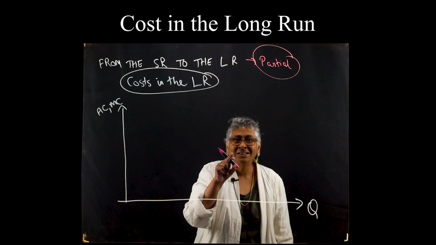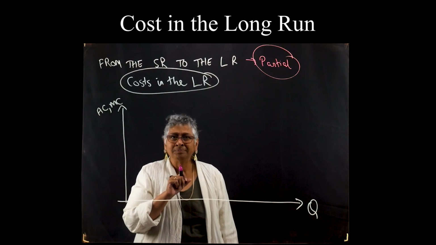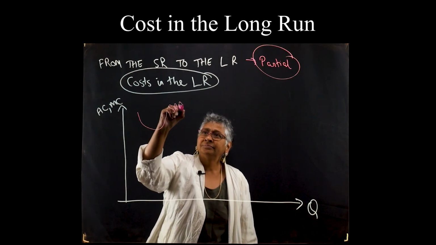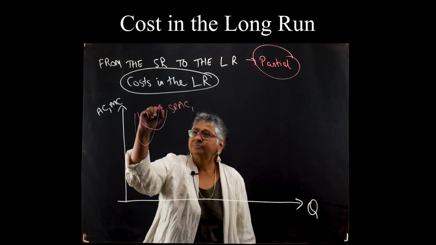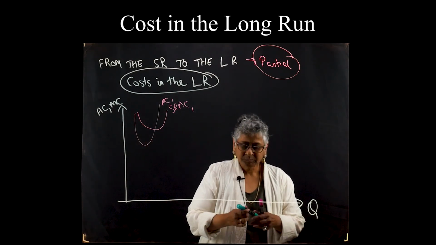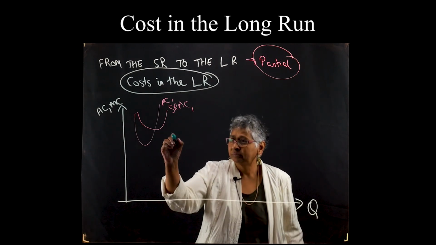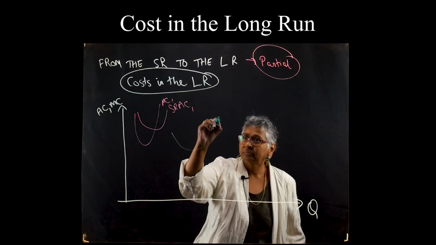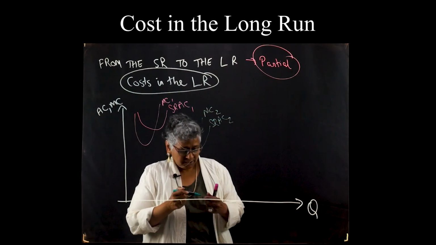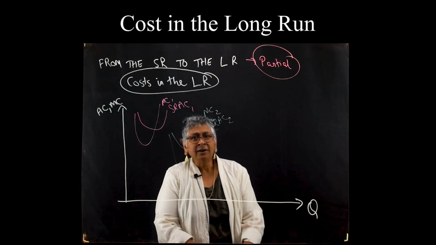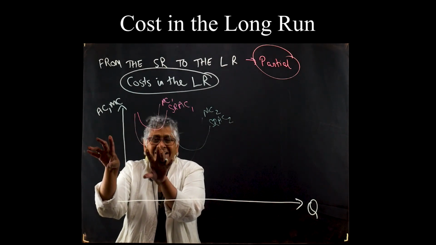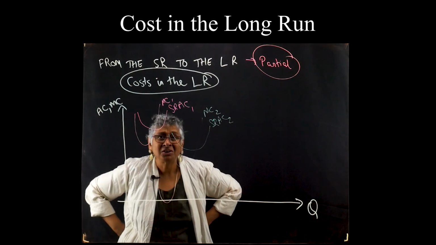That means in the long run, something very interesting is going to happen. Every time there is a change in my technology, there's going to be a change in my cost curves.